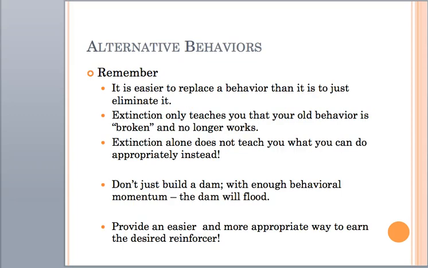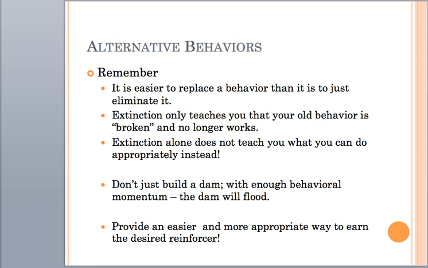Finally, remember that it's much easier to replace a behavior than it is to simply eliminate it. Alternative appropriate behaviors can really help facilitate your extinction protocol. The truth is, extinction only teaches you that your old behavior is broken and that it no longer works.